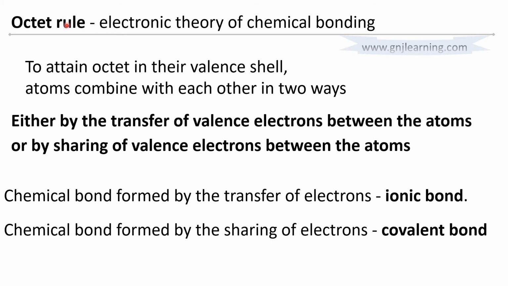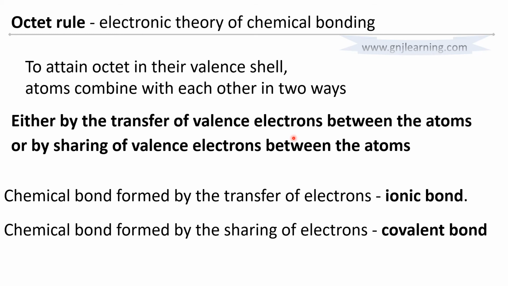So the octet rule, or the electronic theory of chemical bonding put forward by the KL approach, is about chemical bond formation. For that, the basis was the octet in the noble gases. They found noble gases to be stable because of their octet, so they theorized that it is the same octet that other atoms want.